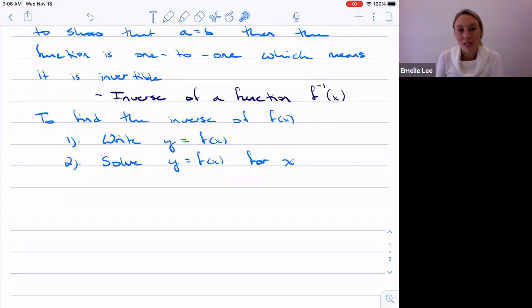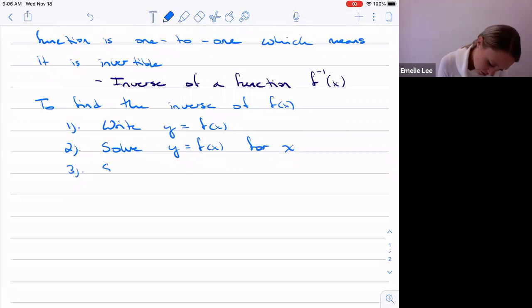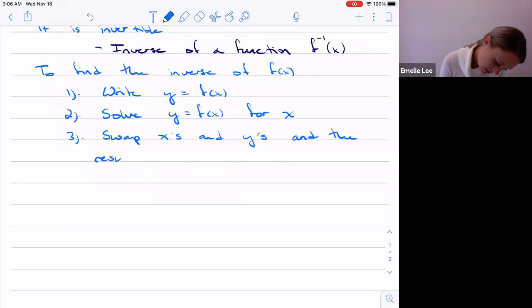The other option is you can swap your x's and y's and then solve for y if you prefer to solve for y, but let's just keep it simple and follow these steps. So you're going to solve for x. Okay, so you're going to rearrange everything in terms of x, and then swap x's and y's, and the result is f inverse of x.